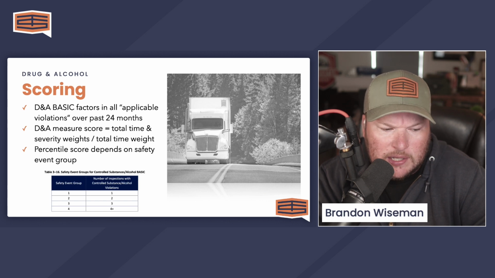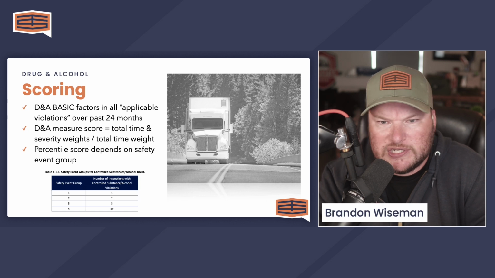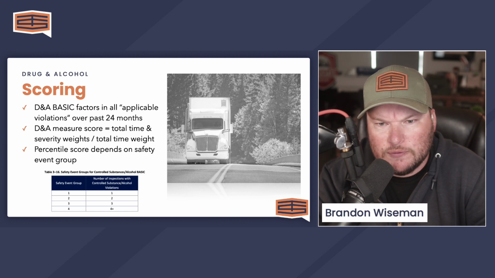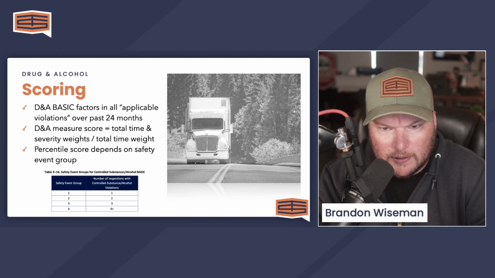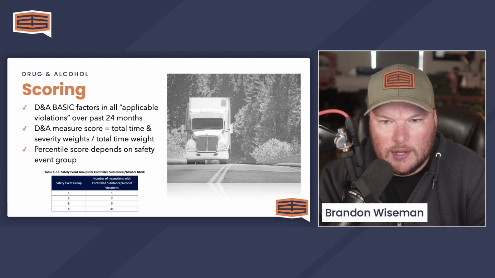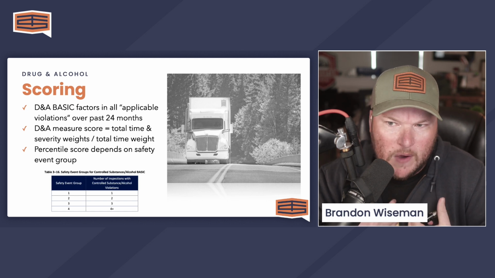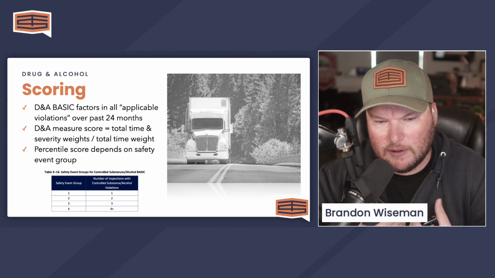This is just how you are performing relative to yourself from month to month. So it's just adding up all of your own individual violations in a particular category and giving you a numerical score that's based on a calculation set out in the methodology. It's not a comparison of you and other carriers. It's just how you're performing relative to yourself.